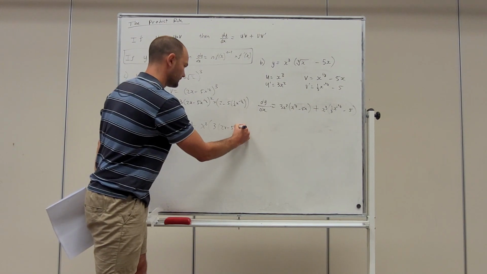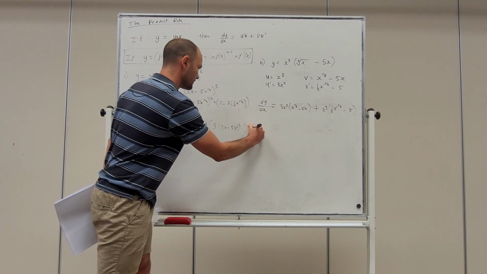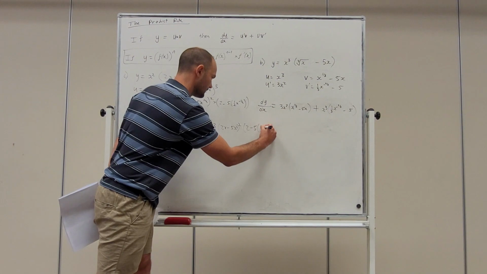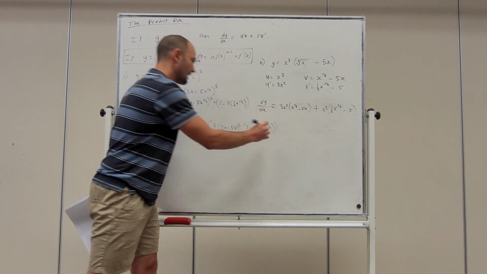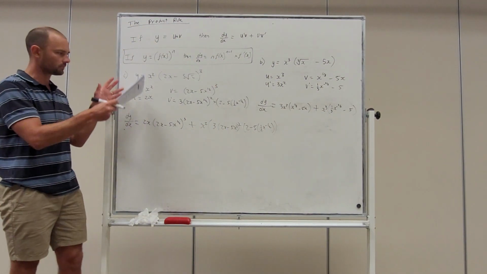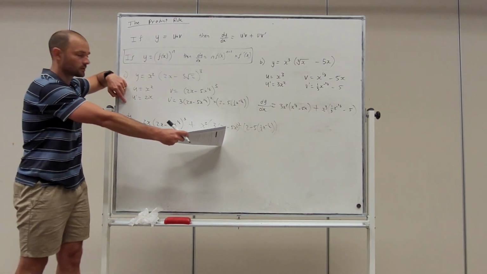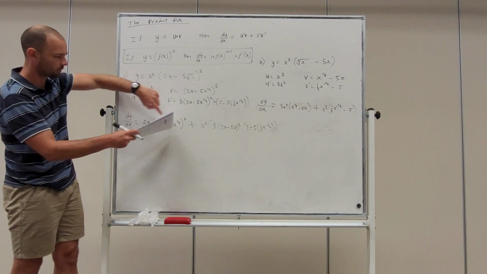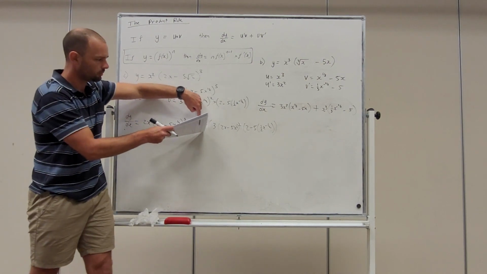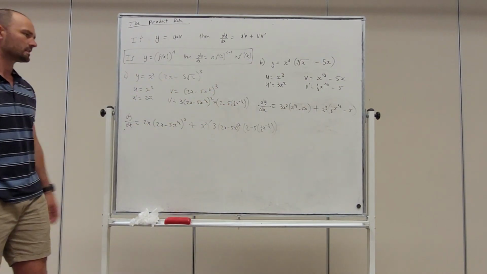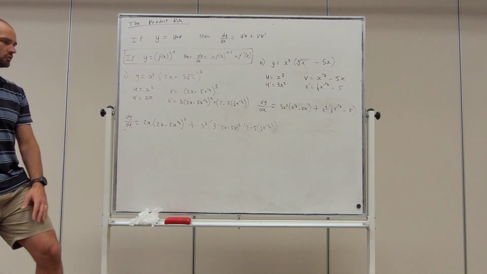Five x to the half squared times 2 take 5 times half x minus half. In this step, the reason it's useful to write down each component is that now you're just copying. What goes there? u dash. What goes there? v, plus u, and then v dash. So get it right here, and then in this step you just copy.